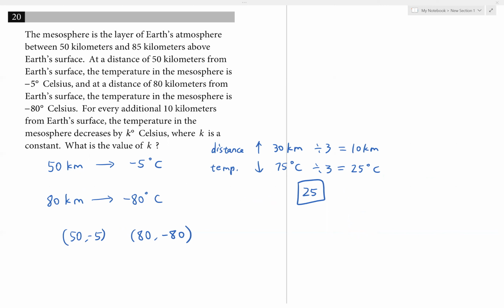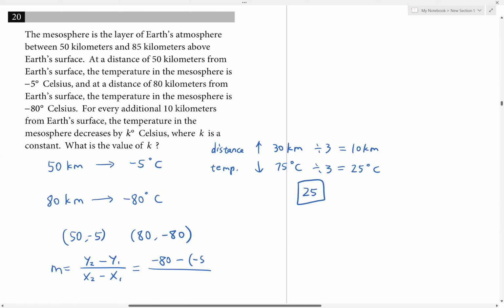So you can use the slope formula, which, if you recall, is y2 minus y1 over x2 minus x1. Plugging it in, we get -80 minus -5 over 80 minus 50. That gives us -80 plus 5 over 30, which is -75 over 30, and that gives us -2.5.